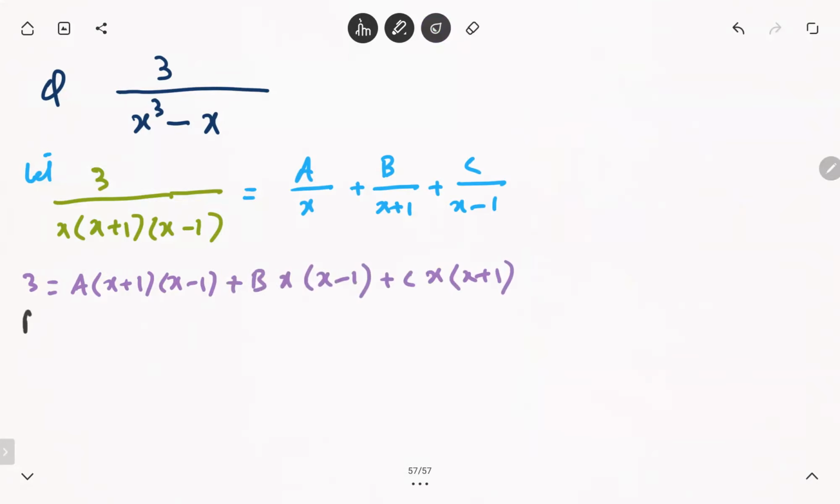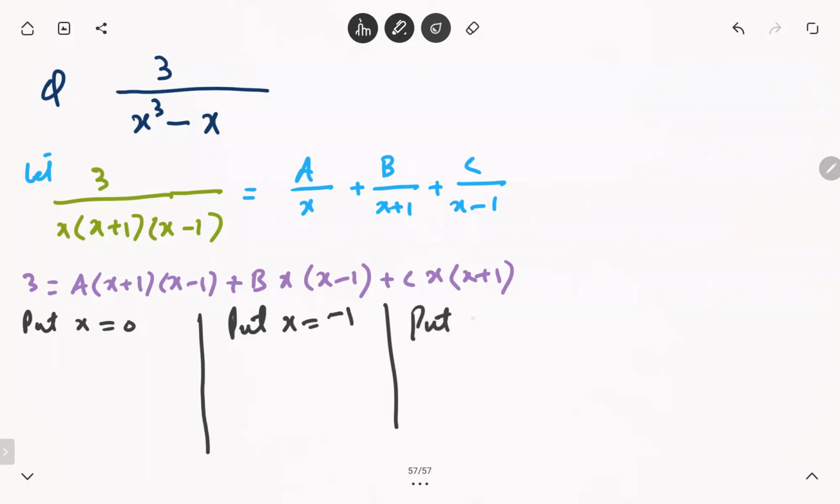So put x is equal to 0, then put x plus 1 is equal to 0, mean x is equal to -1, और फिर आप पुट करेंगे x minus 1 is equal to 0, mean x is equal to 1. So you'll get the values of a, b and c.